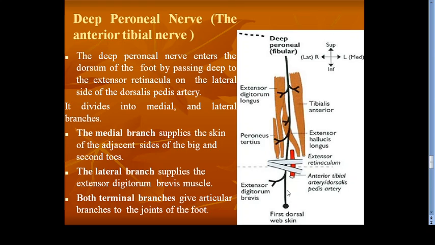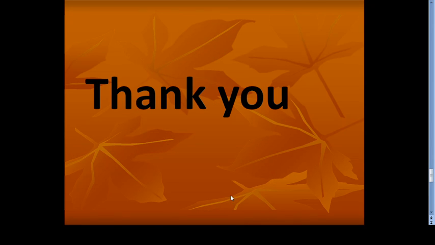The medial branch is going to supply the skin of the adjacent sides of the big and second toe, as we have seen in the slide of cutaneous innervation of the dorsum of the foot. Whereas the lateral branch supplies the extensor digitorum brevis. Both terminal branches also give articular branches to the joints of the foot. So this is the description of your deep peroneal nerve. So this is all about the dorsum of the foot. Thank you so much.